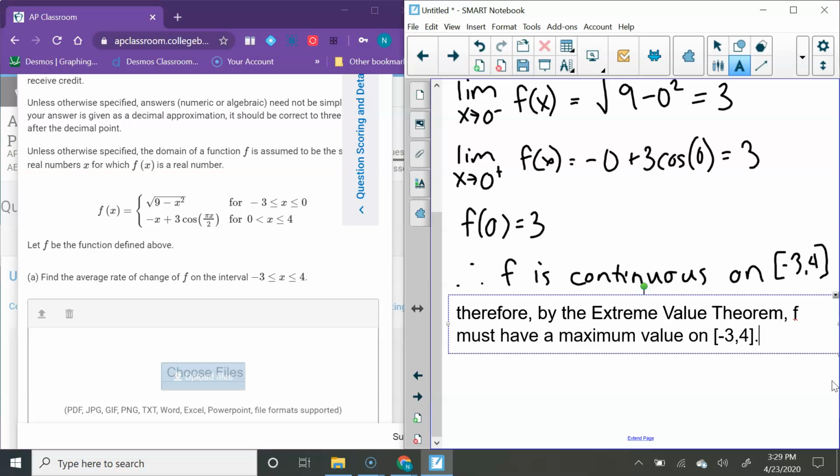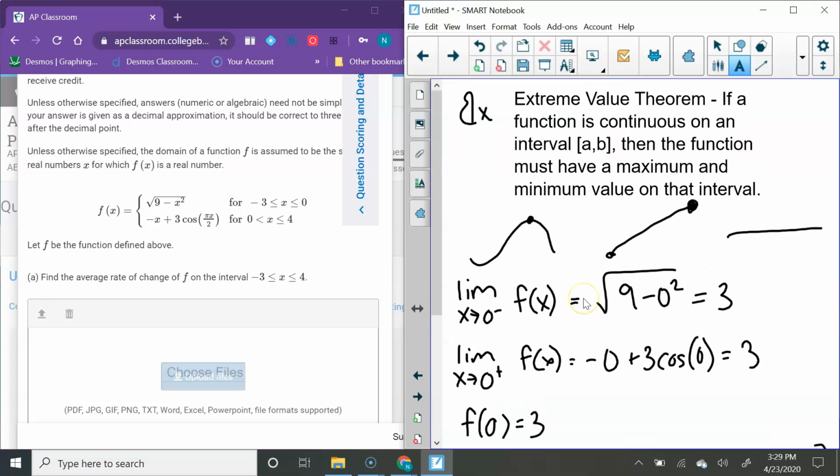Alright, so I'm not sure if you absolutely have to say extreme value theorem there. You could just logically think, since it's continuous somewhere, you have to have that maximum value, but you're safest if you say extreme value theorem for that one.